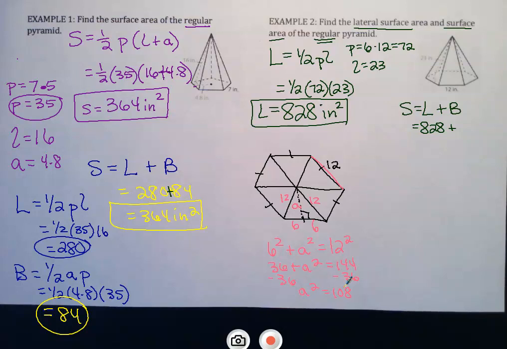Then we do the square root. So a equals approximately 10.3. I'm going to write it as 6 times the square root of 3, depending on what your calculator can do.